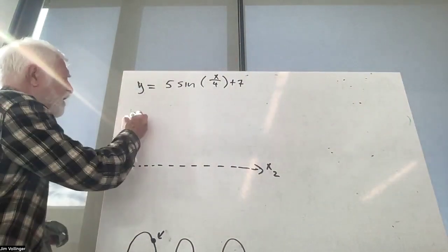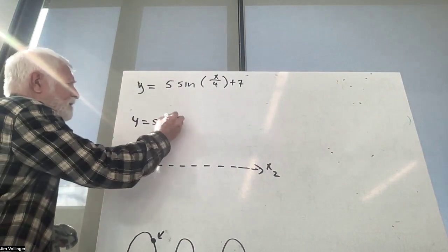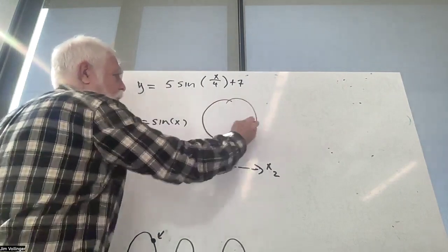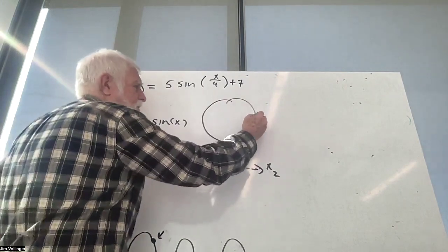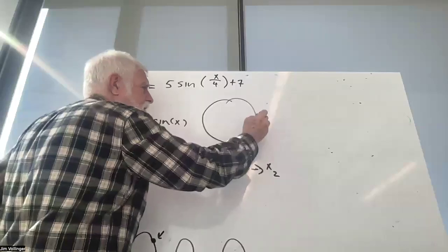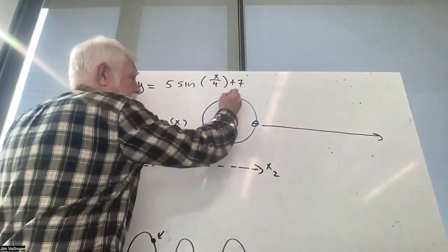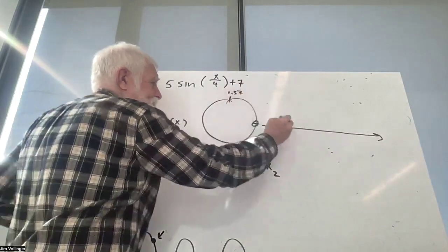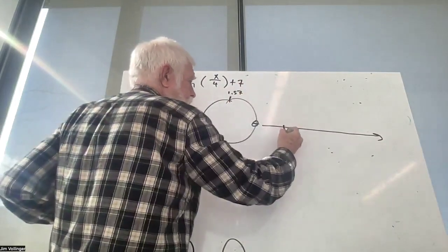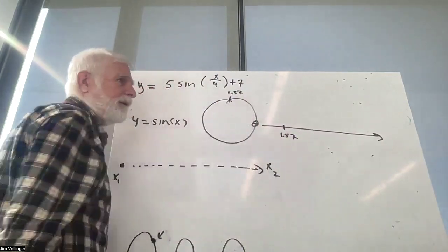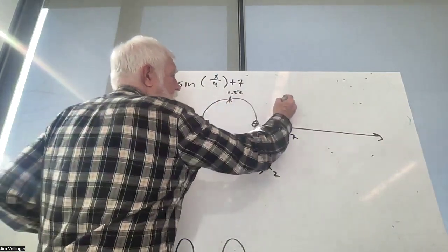Well, let's get the period of y equals sine x first. Sine x, okay, and that's a circle. And if you open up a circle, we make a little cut there and unwind it, you get the x-axis. What's on there? 1.57. What happens to heights in the first 1.57 radians? We go up to a height of 1.